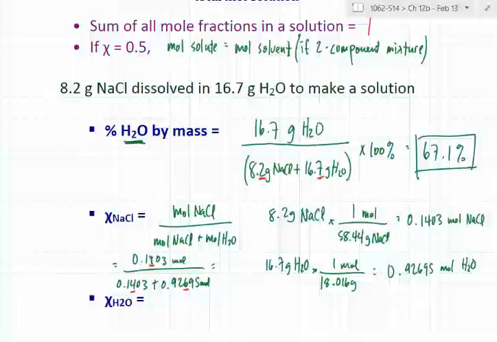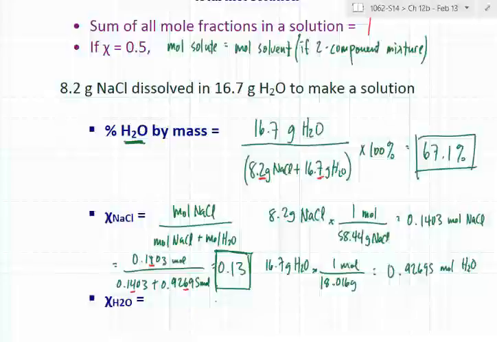So, anybody get a mole fraction? Point 13. Okay. Would a mole fraction of 13 make sense?